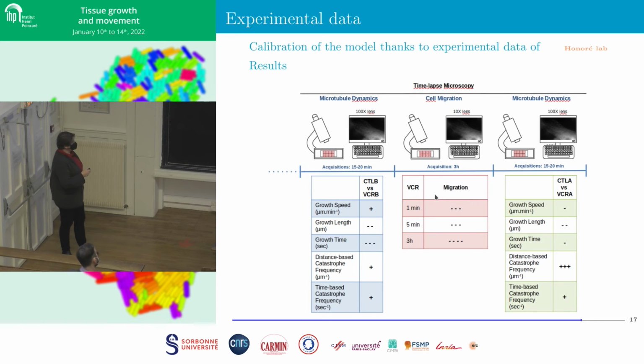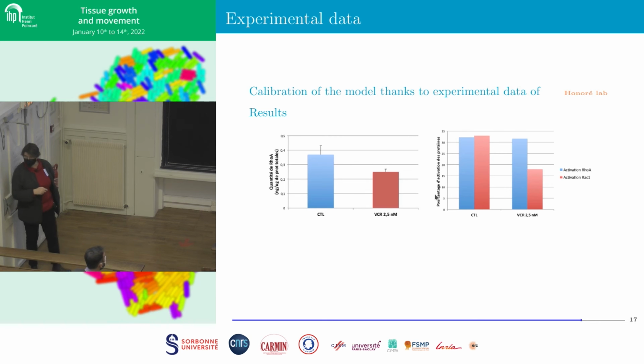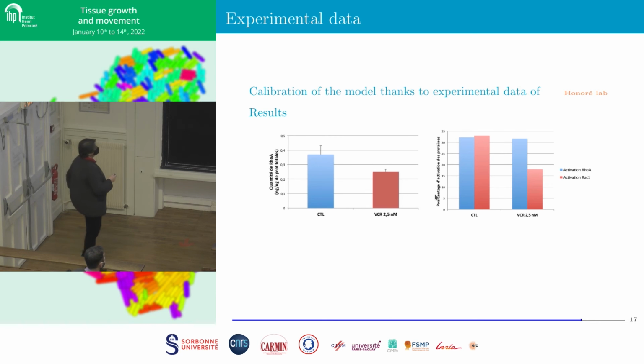So we try to reproduce this phenomenon, and here are the results, the output of the ELISA assays. You see that the drug decreases the total amount of protein rho, and the drug decreases the activation of the protein rac, the rate of activation of protein rac.